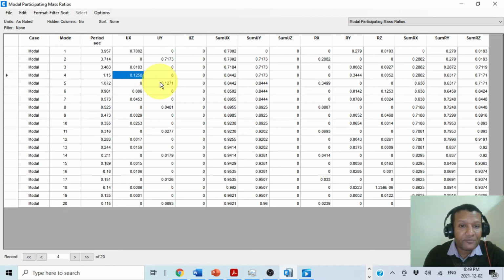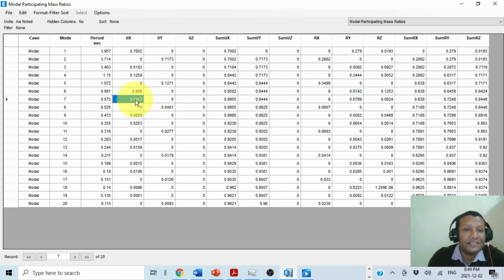Again, 5 means the second mode in the Y direction, and 6 means the second mode in the Z direction. 7 means the third mode in the X direction. Again, 8 means the third mode in the Y direction, and 9 means the third mode in the Z direction. It will continue like that.